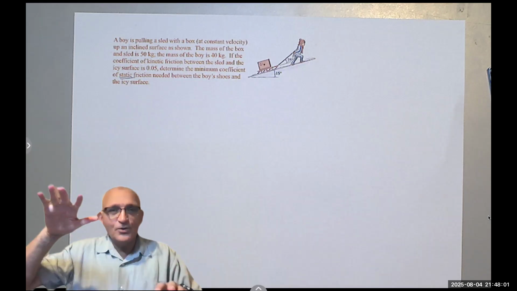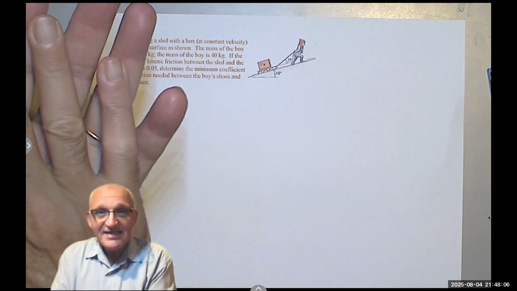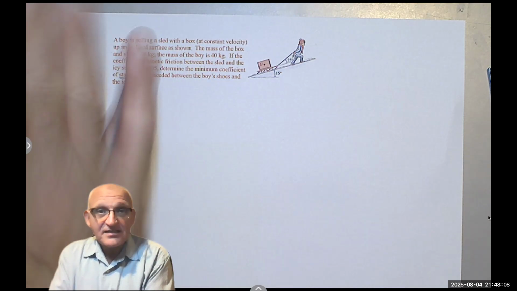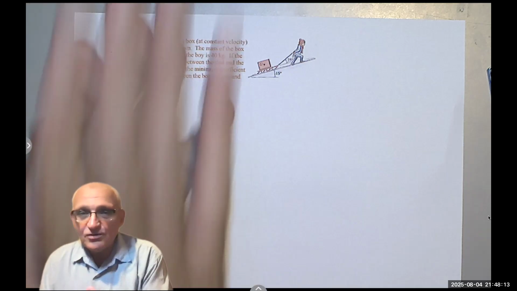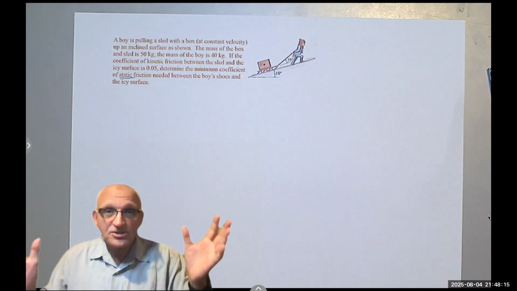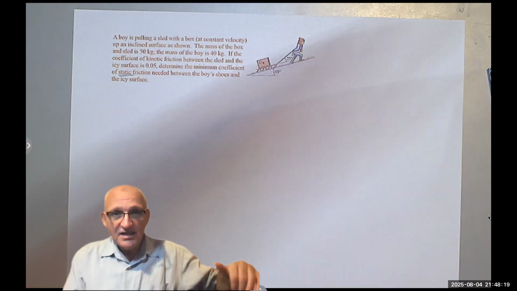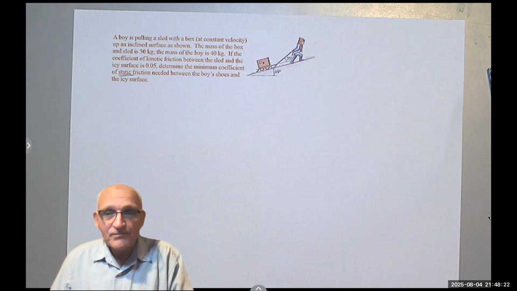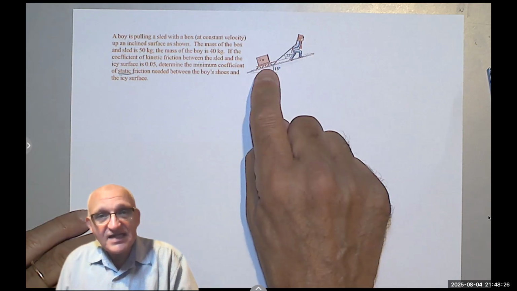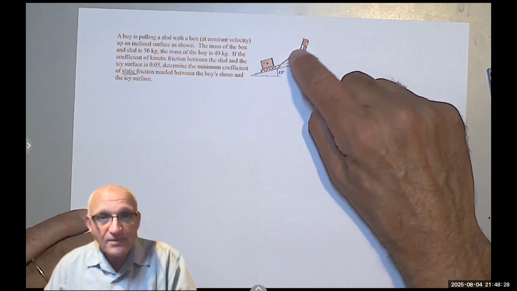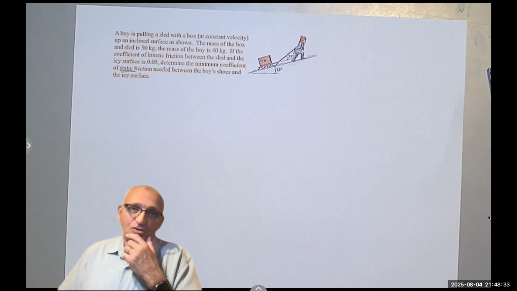You see that when the boy places his foot on the icy surface, it's static. And of course, we have to find a large coefficient of static friction between the shoes and the ice so that he wouldn't fall down, right? So we are going to analyze the sled first to find the tension in the cable, and then we analyze the boy to find that coefficient of friction.